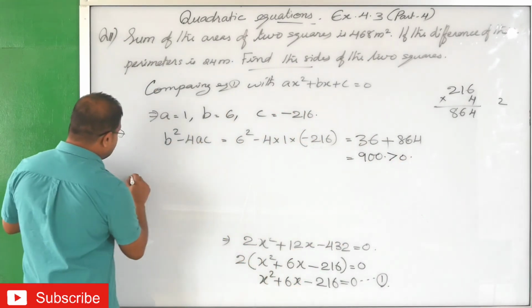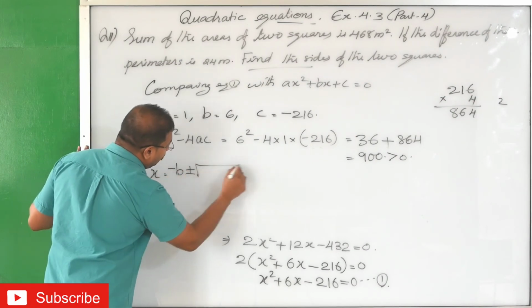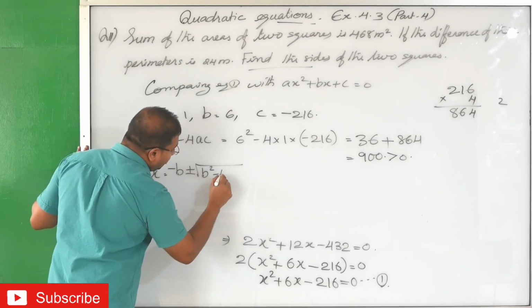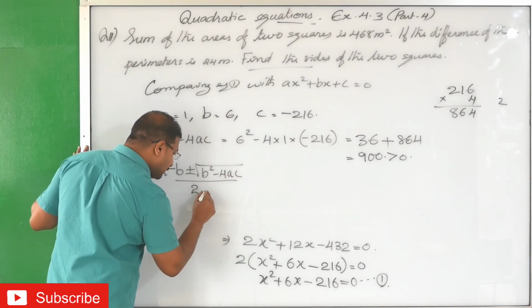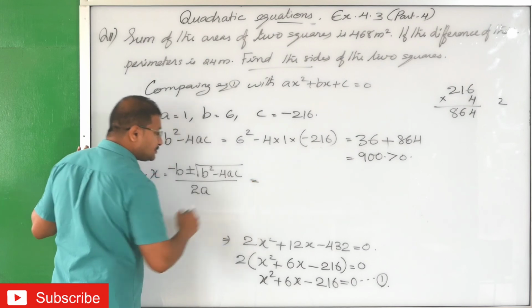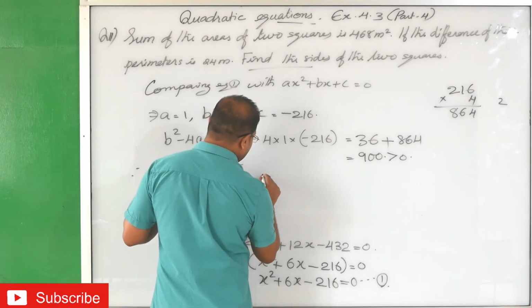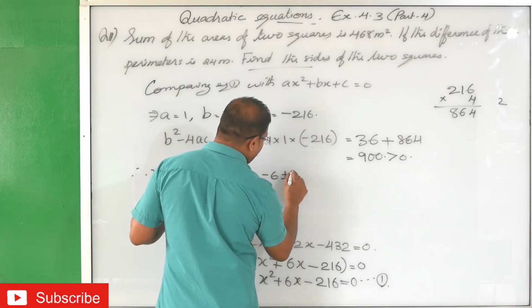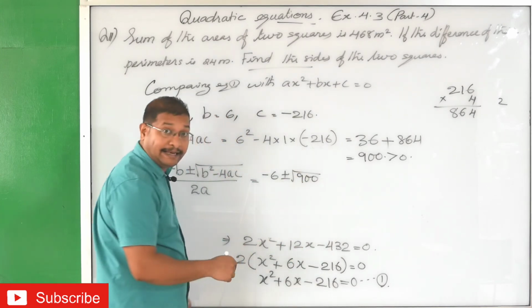Therefore, x equals minus b plus or minus root of b square minus 4ac by 2a equals. Ready? Now, what is the value of b? 6. That means minus 6 plus or minus root of 900. b square minus 4ac, we got already 900, isn't it?